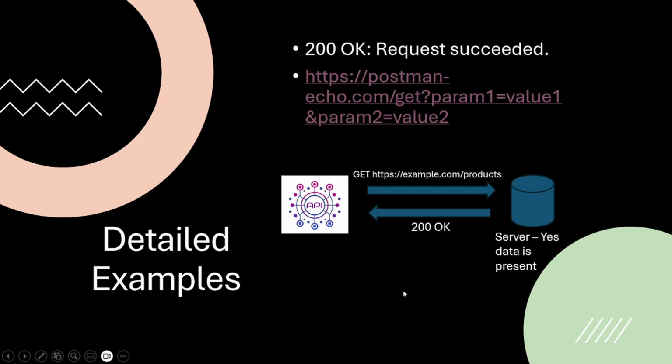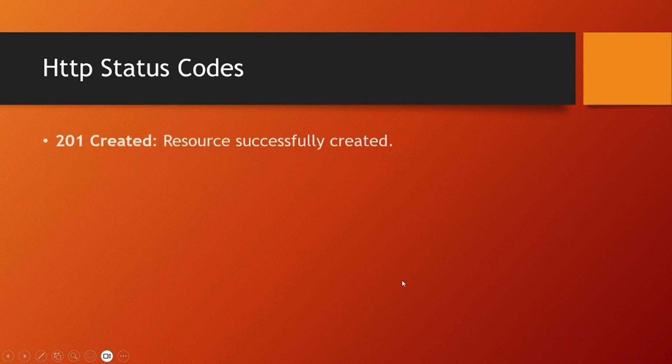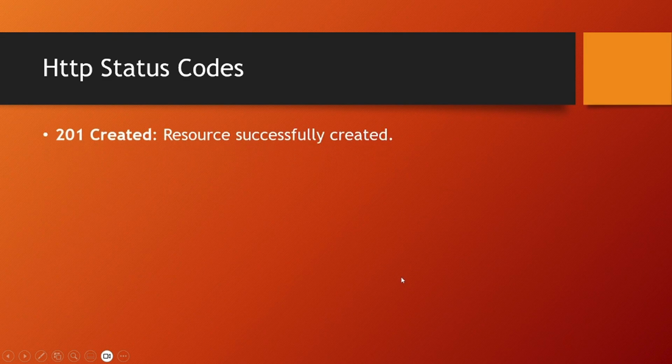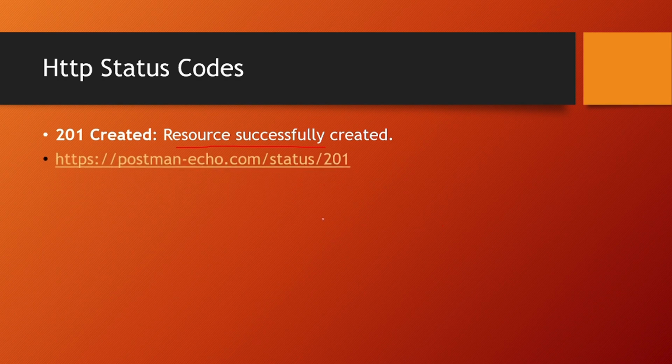Next in the 200 series comes the 201 Created status code. What does it mean? 201 Created means that your resource is successfully created. We have already discussed in previous videos that the POST method is used to create resources on the server.